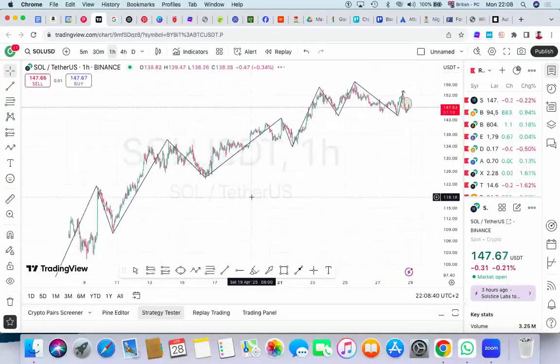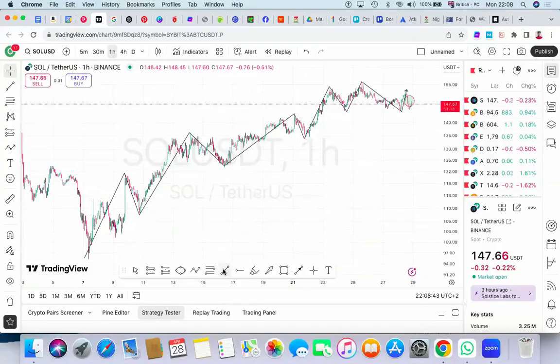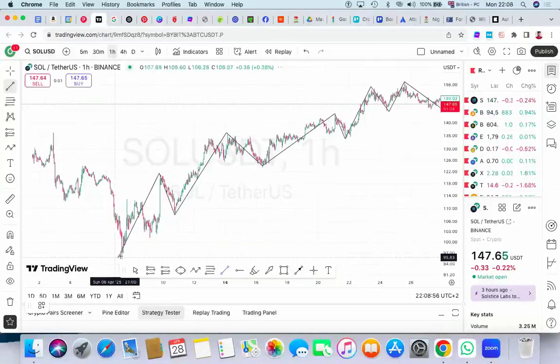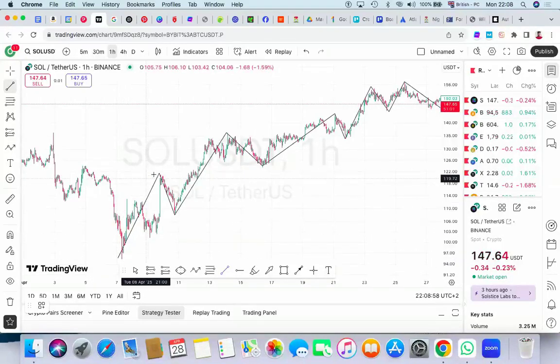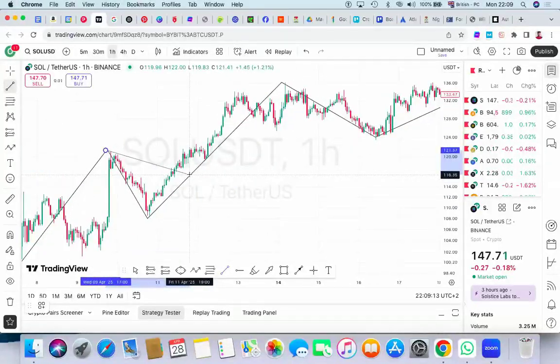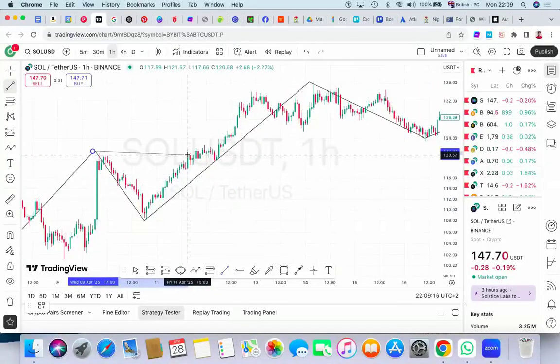So for us to identify our structure, you want to mark out where the structures are being broken. So now which takes us to the next topic, which is the break of structure. So now there is an option from here, from this lower low to this higher high. And then you pick your trend line tool, and then you place it here on this recent high, and then you attach it directly to the body of this candle here.